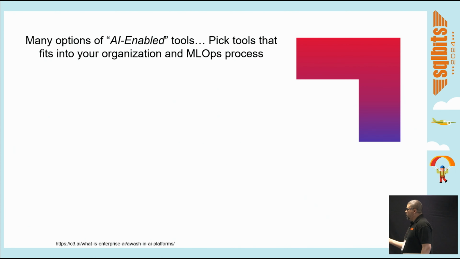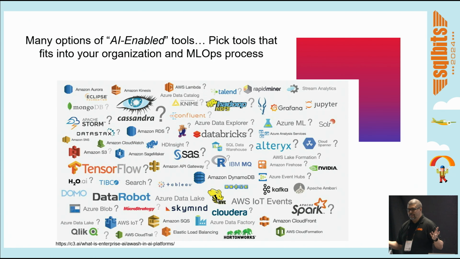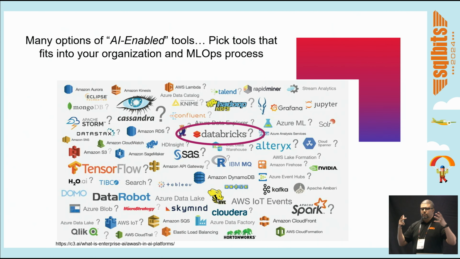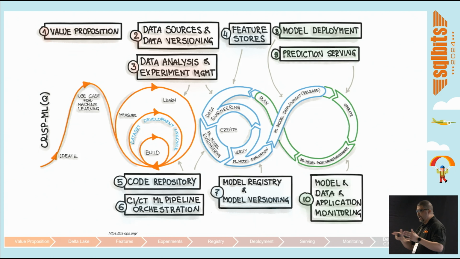There are many tools out there that are AI enabled and can help us accomplish some of that. For the purpose of this demo, we're going to focus on Databricks, but we could do this in Azure ML or any other, or use multiple tools. So in Databricks, we're going to walk through all of those 10 steps and how to take advantage of Databricks to implement an end-to-end MLOps process.